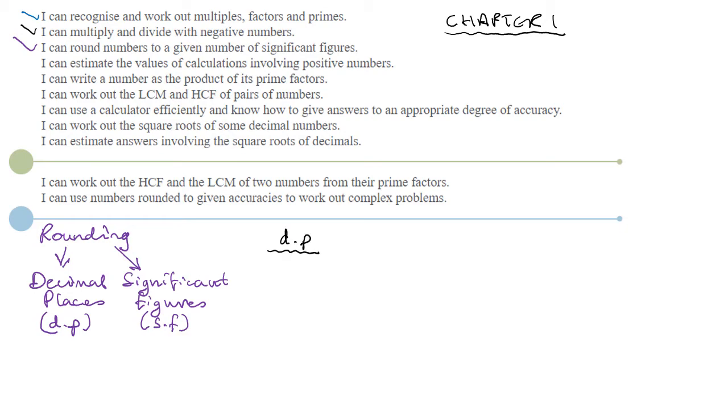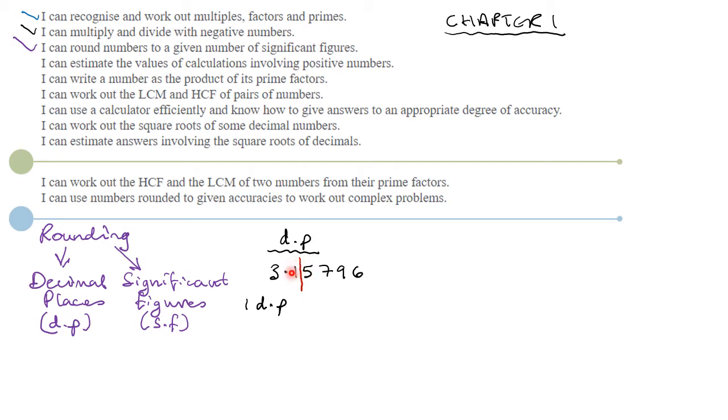So let's say I had a number like 3.15796, and I want you to round that to one decimal place, or 1 DP. What I would do is after the first decimal place, I will draw a line like this. And then from there, I would have a look at the numbers either side of that line.